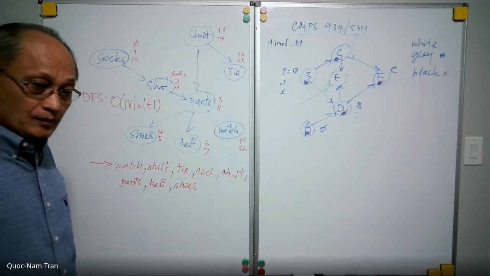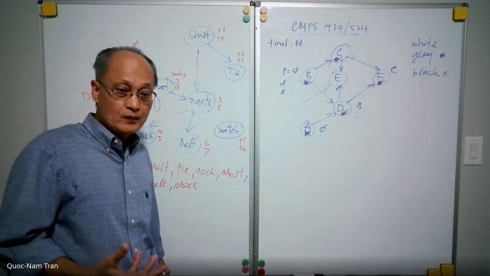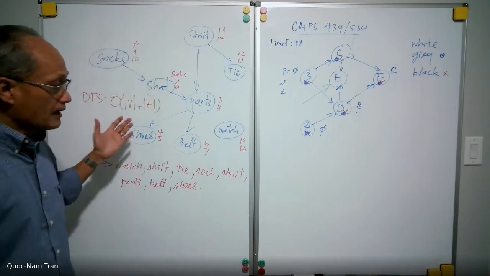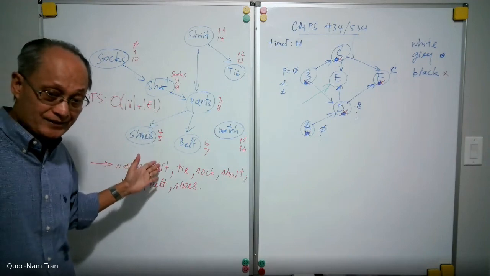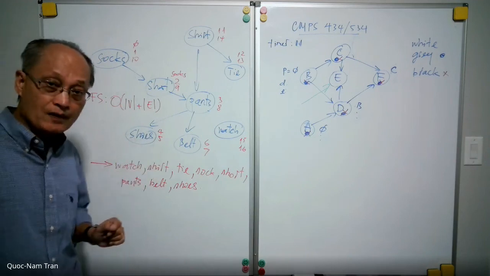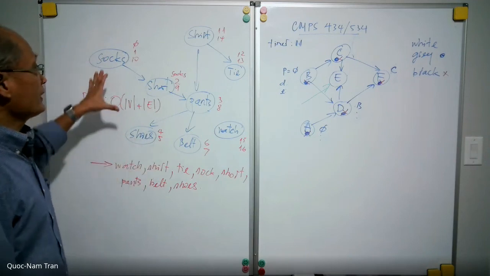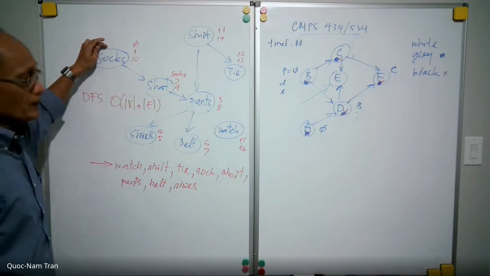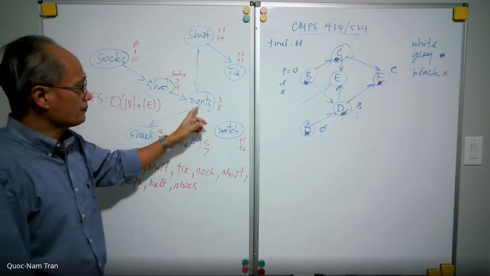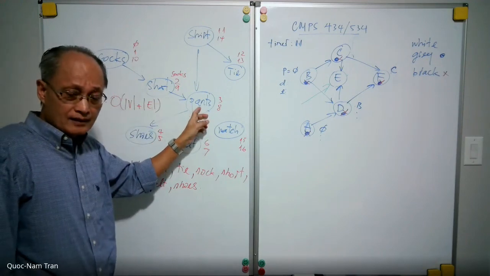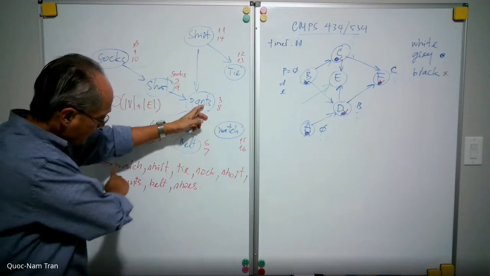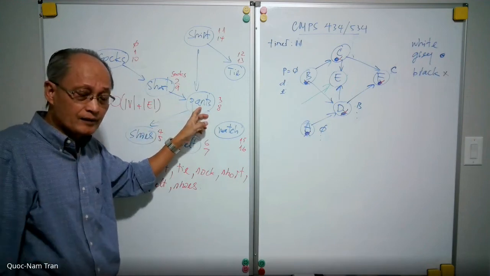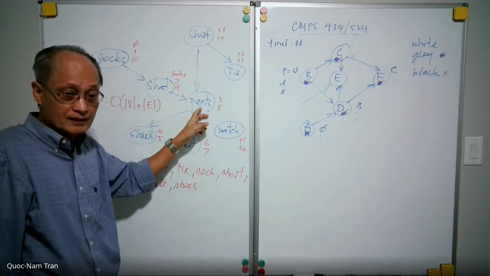Now, it's one thing about the complexity, and the other thing we are interested in is the correctness. Is the algorithm correct? I run the algorithm here starting from the source, but what will happen if I start from E? Will I still have a result that does not violate any constraints?